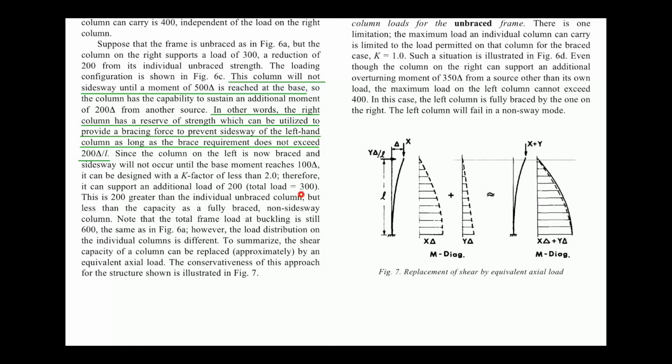So basically, if you look at this in your design practice, you come up with the capacity of 100 tons.